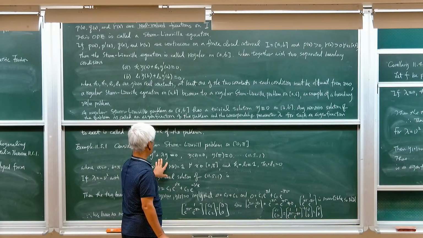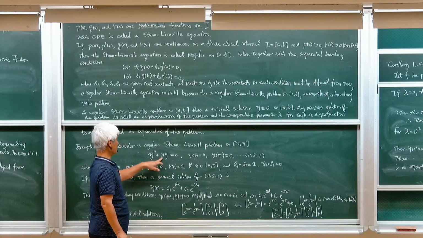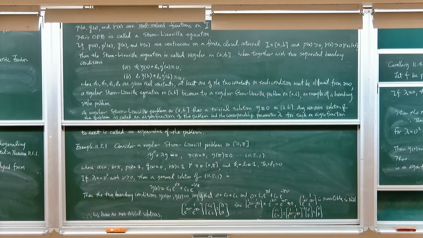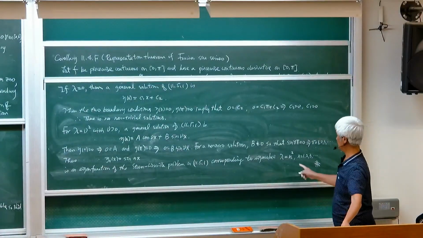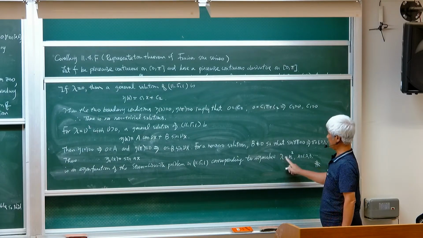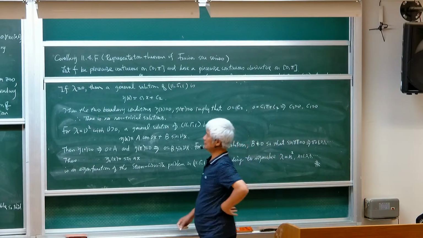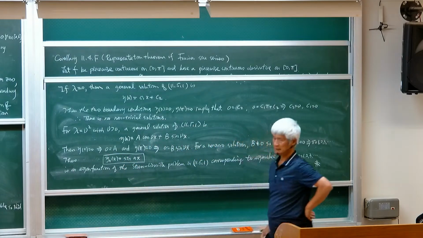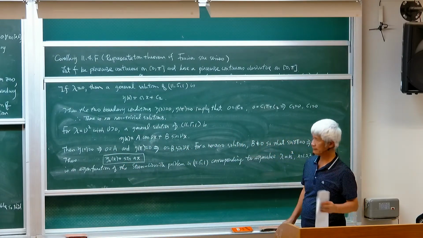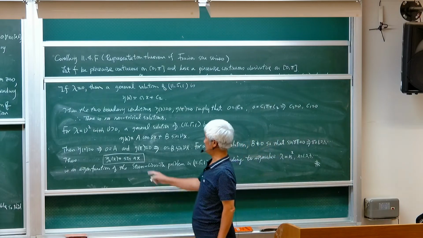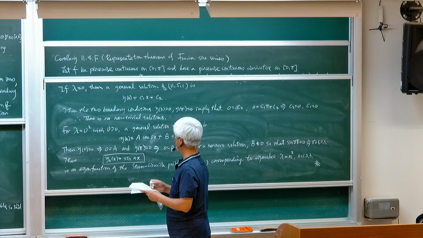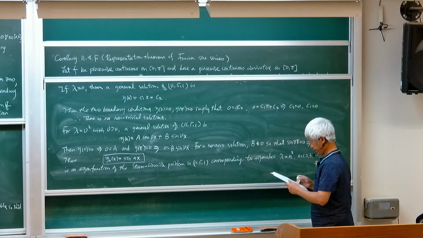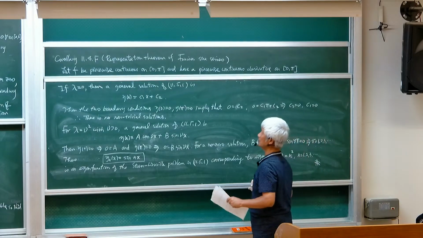The corresponding eigenvalue lambda must be the square of positive integers, and for each eigenvalue, the corresponding eigenfunction is a sine function, a sine function with angular frequency n.